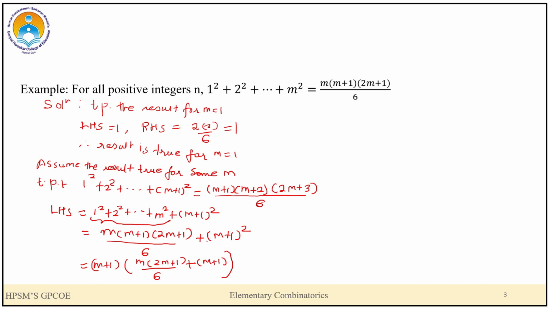So this is equal to m plus 1 into, now we'll multiply 6 to m plus 1, so we get m into 2m plus 1 plus 6 into m plus 1, which is 6m plus 6, divided by 6.